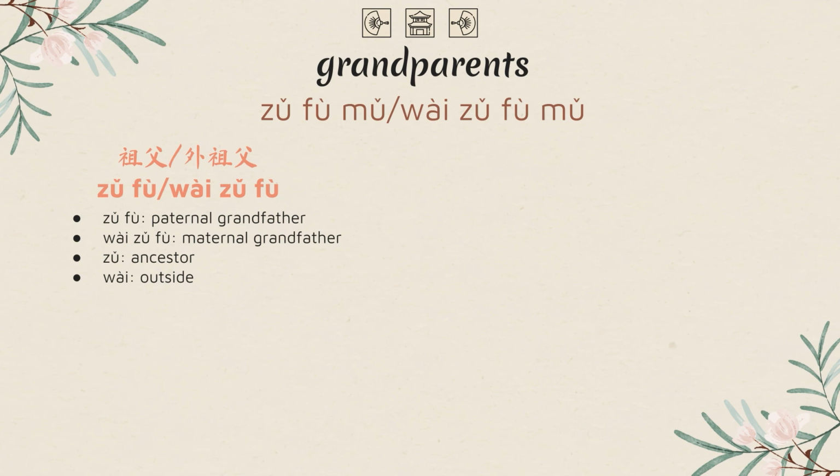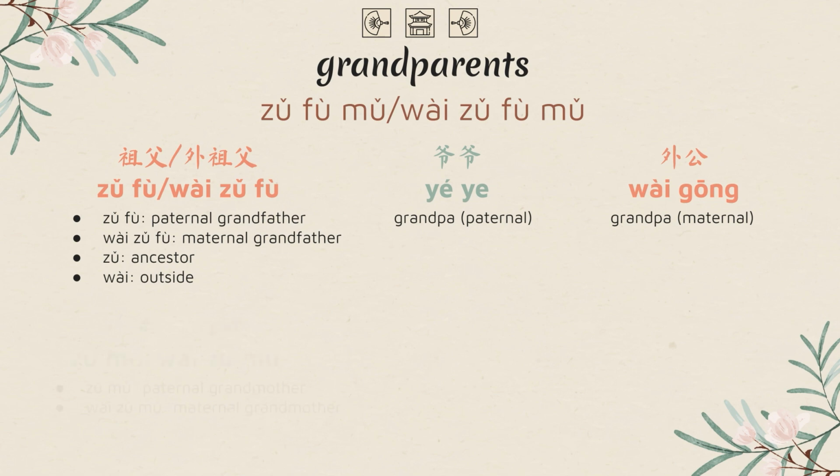The casual way of calling grandpa is 爷爷, and that's also on your father's side. The casual way of calling your mom's dad is 外公. Again, it literally means outside old man, which sounds a little strange, but that's how the Chinese language works. And then let's take a look at grandmothers.